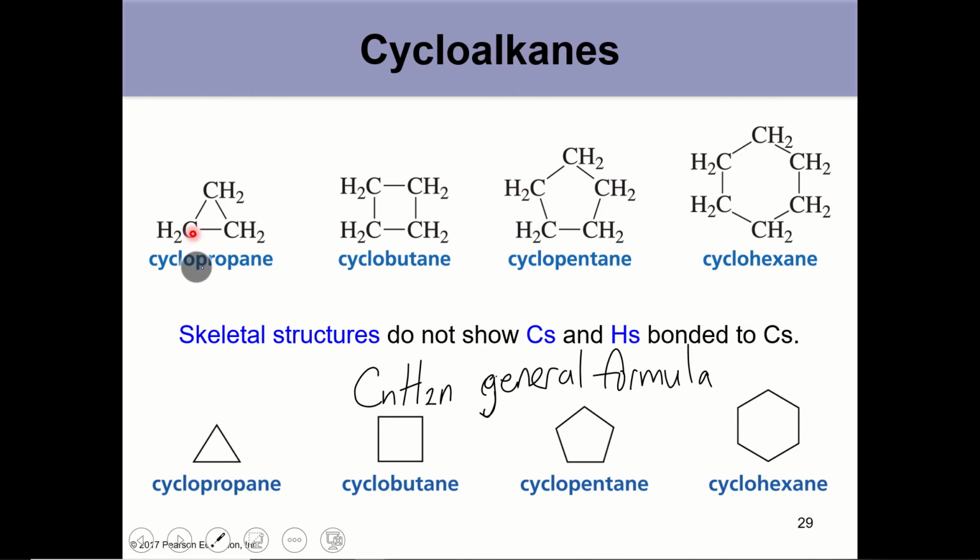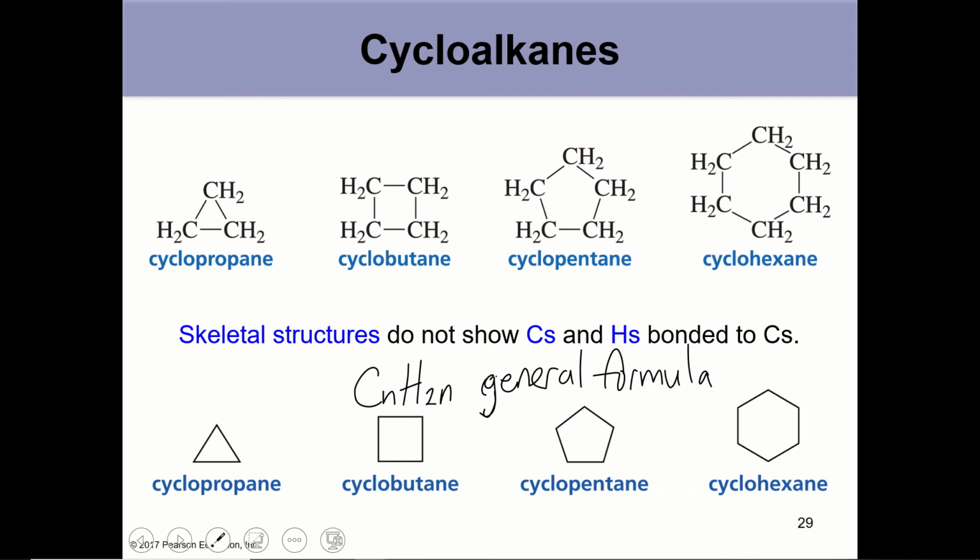We can write out condensed structures that are cyclic with all of the hydrogens shown, or we can simply draw the polygons that represent the cyclic structure, leaving off drawing the hydrogens, but still knowing that they are there because every carbon must have a total of 4 bonds when it shows 0 net charge. I like the skeletal structure, especially for cyclic structures.